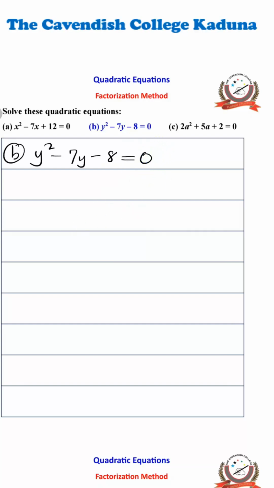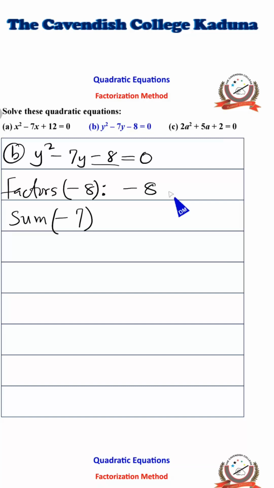In the same way, we are looking for factors of negative 8 whose sum will be negative 7. So we look for two factors of negative 8, and that gives us minus 8 and plus 1.